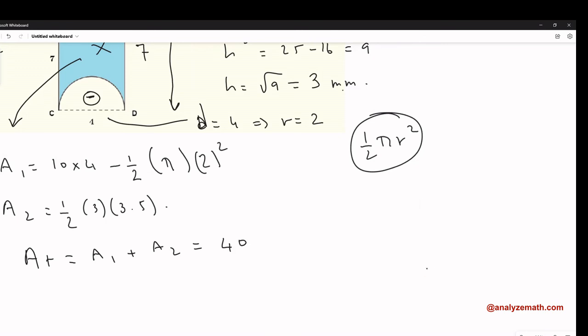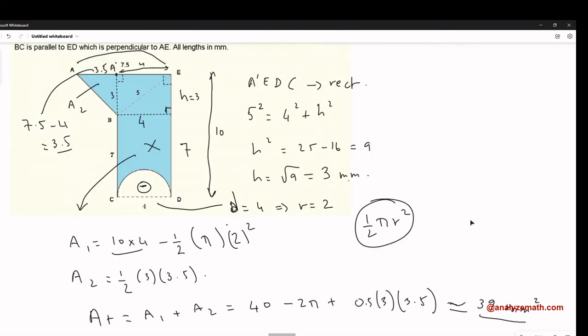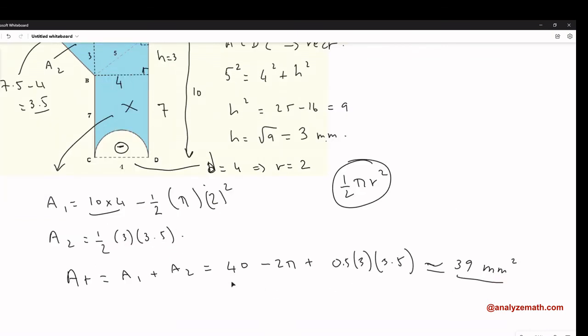A1 is equal to 40, 10 times 4, and then we keep pi for now: minus 4/2 pi. Then plus 0.5, which is 1/2, times 3 times 3.5, and we can now go to the calculator and do this. Using a calculator and rounding to the nearest unit, the result is 39 millimeters squared.